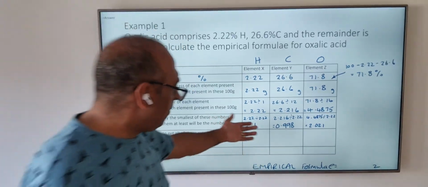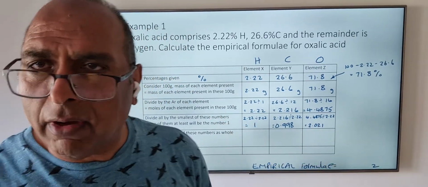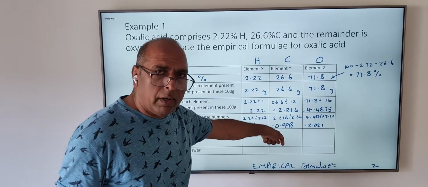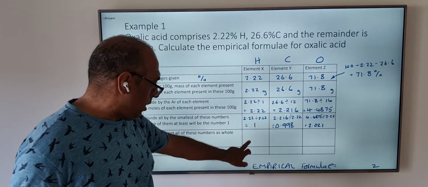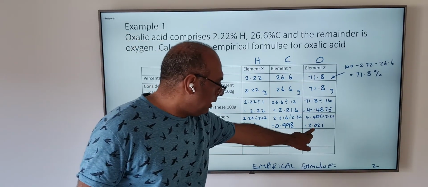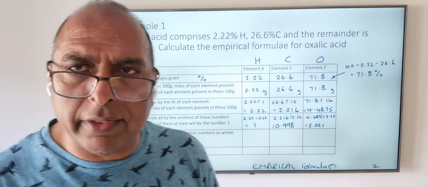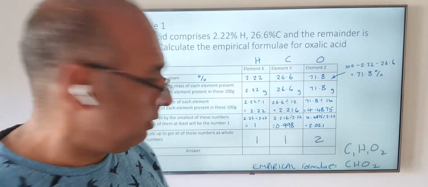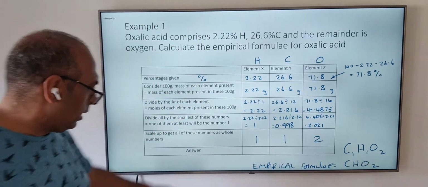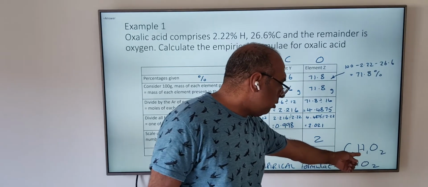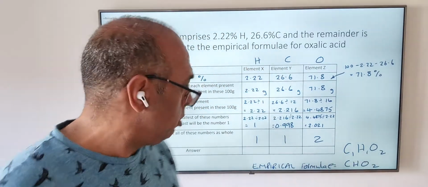Divide them not by 2.22 like I have done, but by 2.216. Then you'll get the number 1 here. This will be a little bit bigger than 1. And that one will be a little bit bigger than 2. But then we round them and we get 1, 1, 2. And the empirical formula is therefore C1, H1, O2.